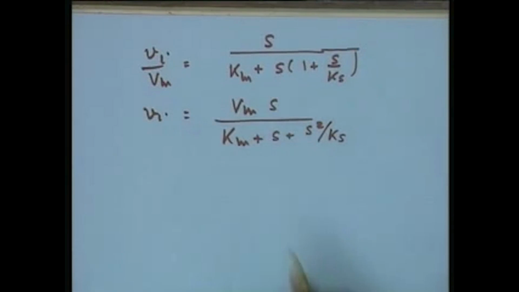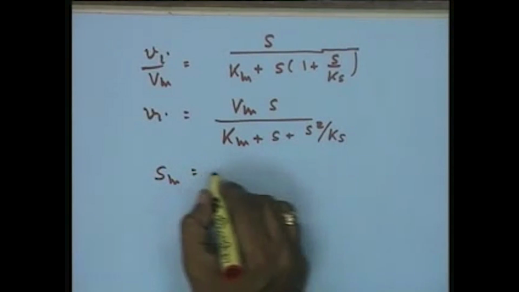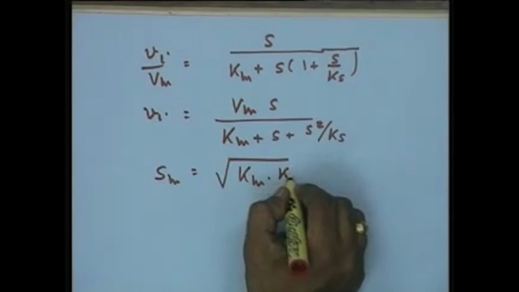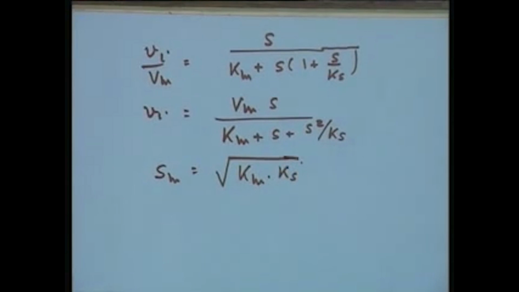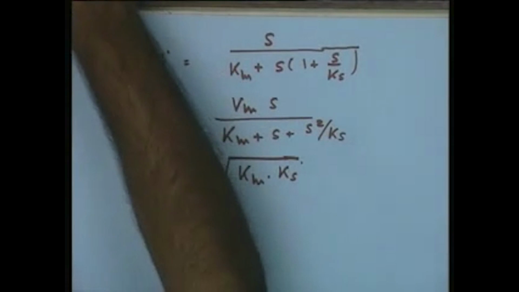Now if you plot such a profile, the rate expression will pass through a maxima, and if you differentiate, that is dV over dS, and equate it to 0, you will end up with the maxima. The maximum reaction velocity will be obtained at a substrate concentration which is the square root of Km into Ks. One can develop the expression by writing the differential and equating it to 0.